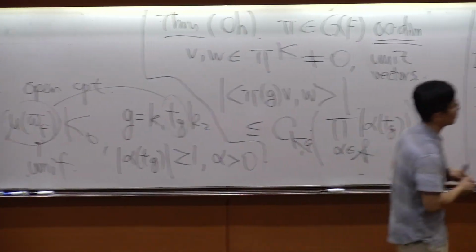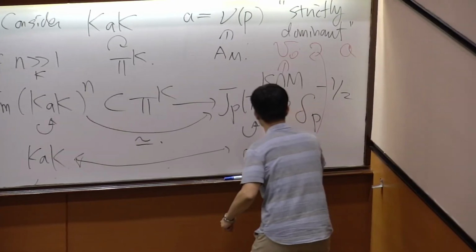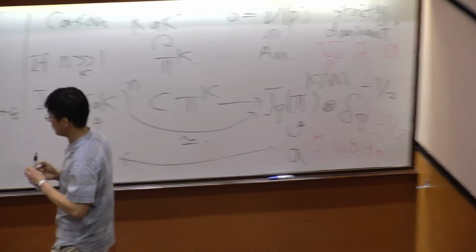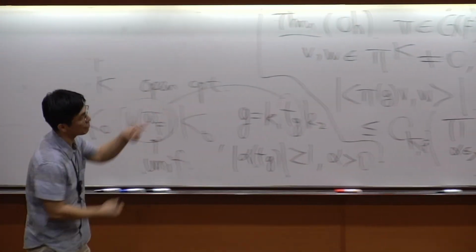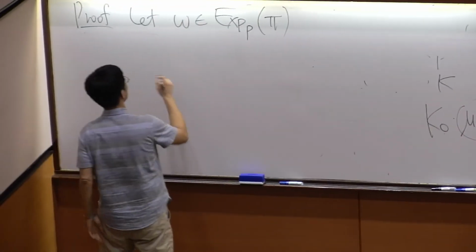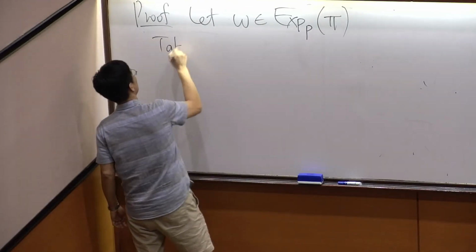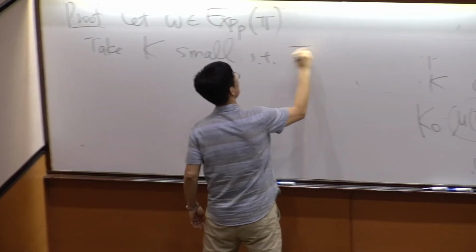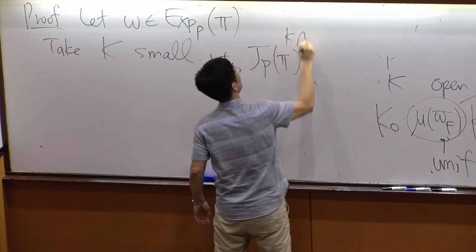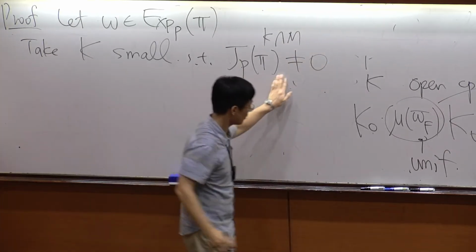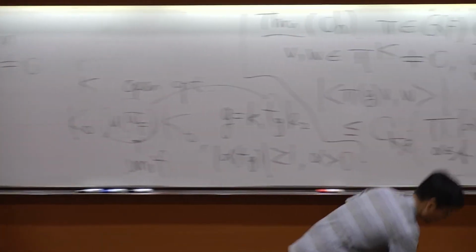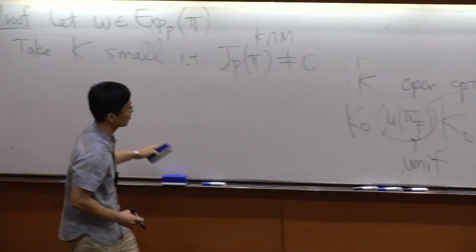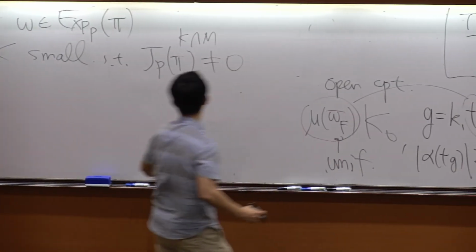A acts by omega times delta_P to the negative 1/2. So omega appears on the right-hand side, and just take K small enough so that the Jacquet module has a fixed vector under K intersect M, which you can do. And as soon as it's non-zero, you start to see this central character on the right-hand side of the isomorphism.